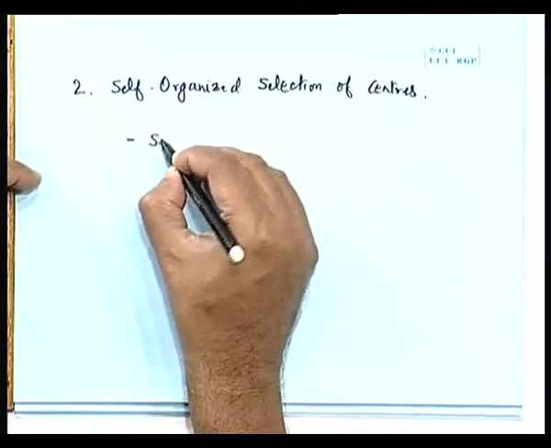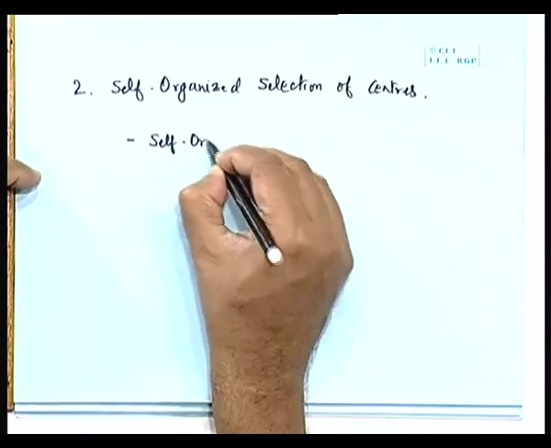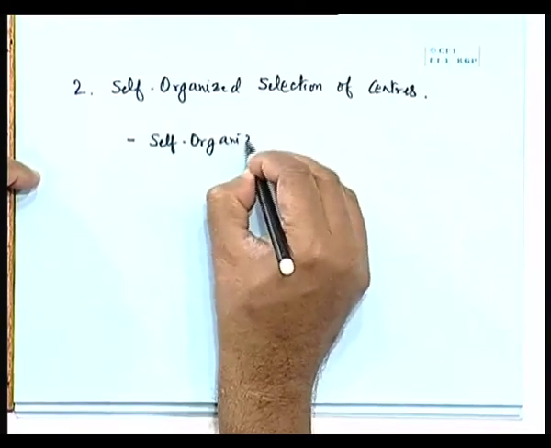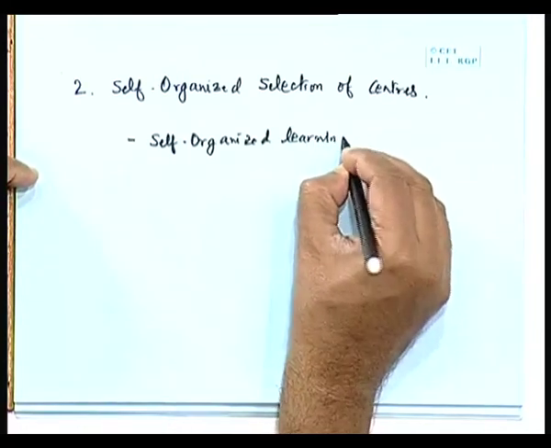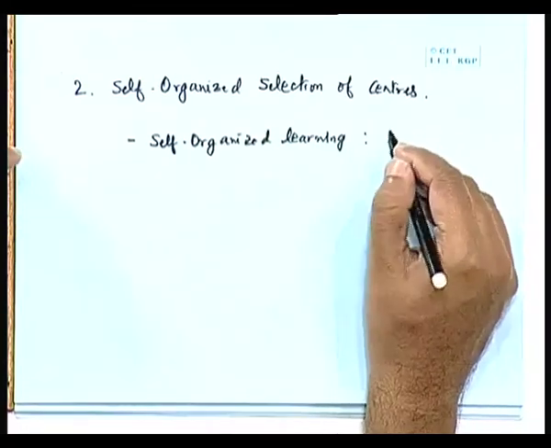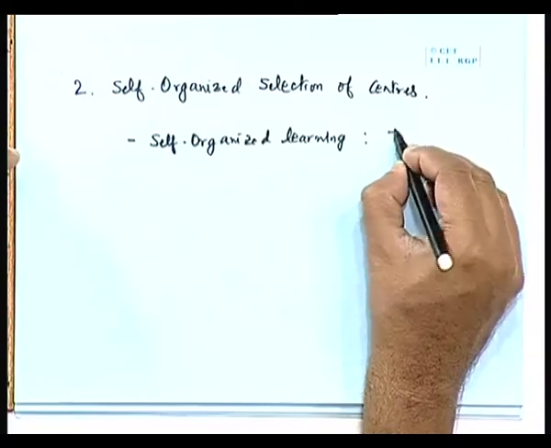First is what is called self-organized learning, which is the first step where we estimate the locations of the centers of the RBF.